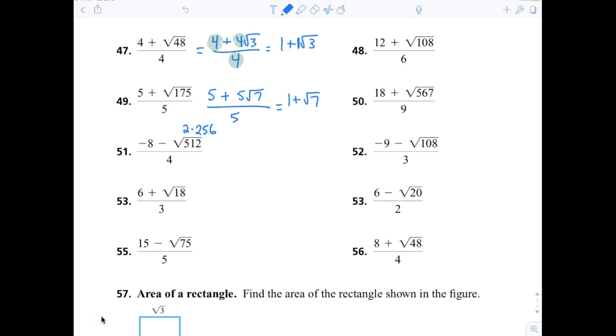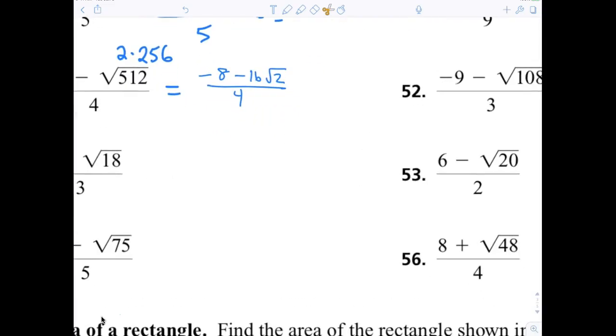So now this is the same as negative 8 minus 16 radical 2 over 4. What does that simplify to now? Exactly, very good. That's negative 2 minus 4 radical 2.